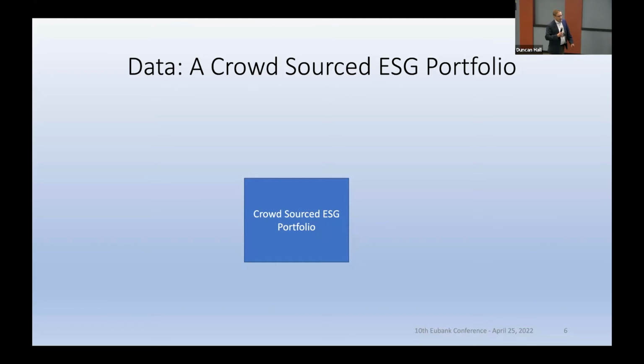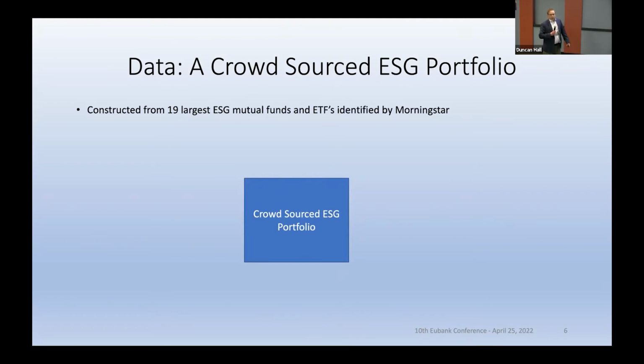So we decided to look at what the portfolio managers were actually doing. To do that, we created a crowdsourced ESG portfolio. The way I did this was I looked at the Morningstar report from 2018 and picked out the 19 largest ETFs and mutual funds there.